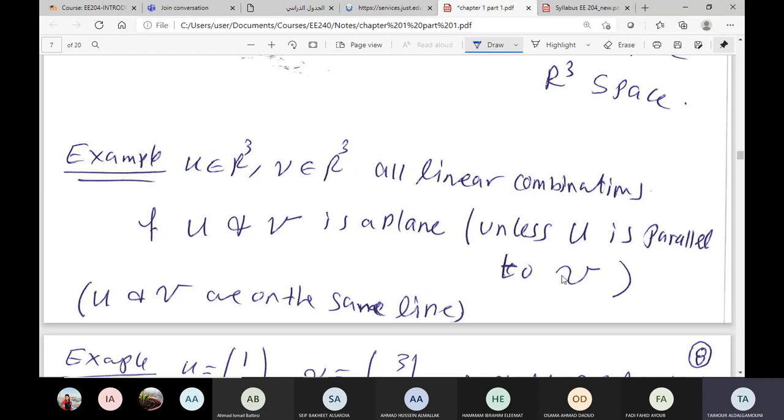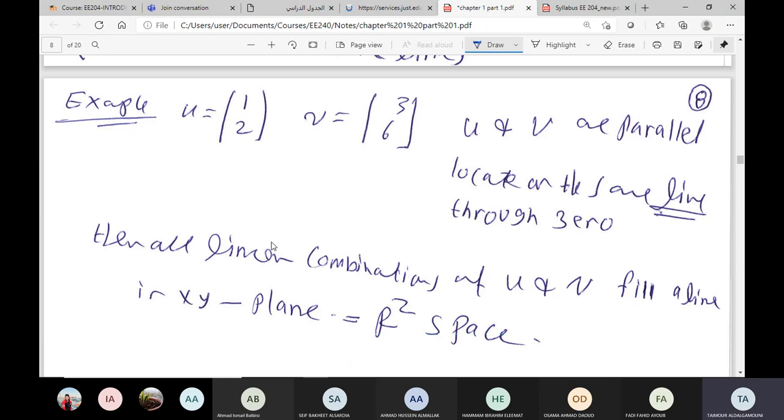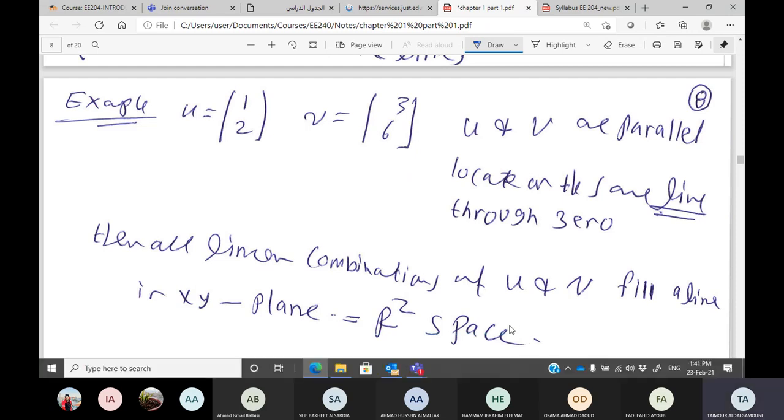Unless U is parallel to V, or U and V are on the same line, or as we said before, U is a multiple of V. Now, here we have U as 1 and 2, and V as 3 and 6.